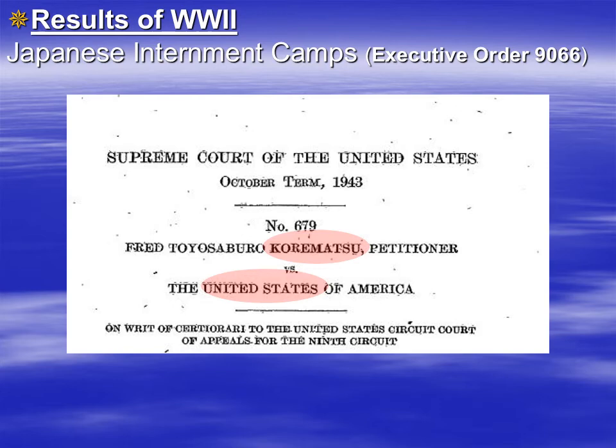In a 6-3 decision, the Supreme Court will rule against Korematsu, and so he will have to remain in the concentration camp. But this Korematsu case becomes extremely famous because it shows that at some time during war, if the president sees fit, he can violate your civil rights. And that's what Franklin Roosevelt did by issuing Executive Order 9066.